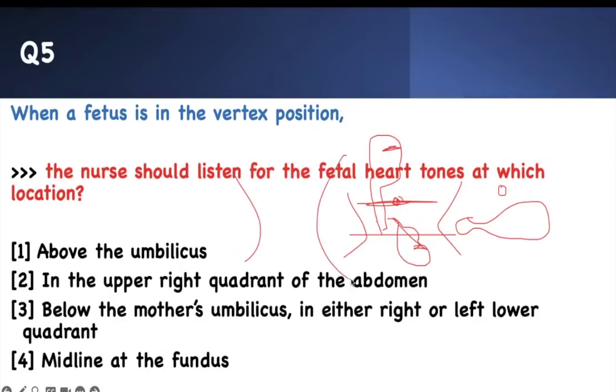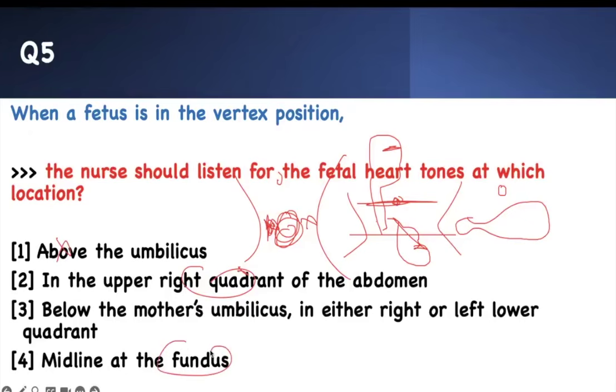Therefore, if the head is below the umbilicus, this is the baby's head, I can listen to the heart sound here or here. Not above the umbilicus, in the right upper quadrant of the abdomen. That would be for a transverse lie, right? Below the mother's umbilicus, yes, it's below it. It can be left or right.